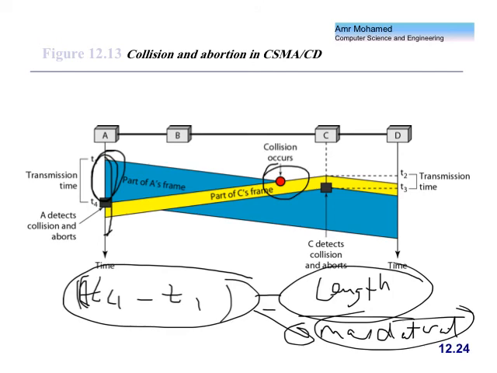What is the worst case scenario? The worst case scenario is when A is at the beginning of the cable and C is at the end of the cable.